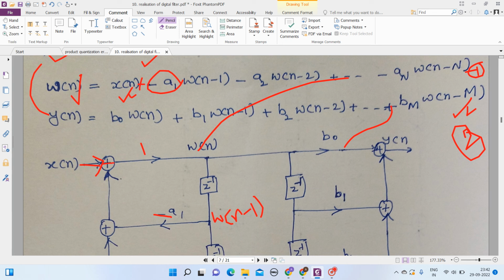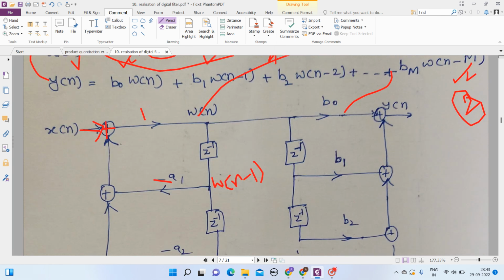Now I am adding this minus a1 w of n minus 1 with x of n. I got these two as output. Now I have to add the next term, so I need w of n minus 2.